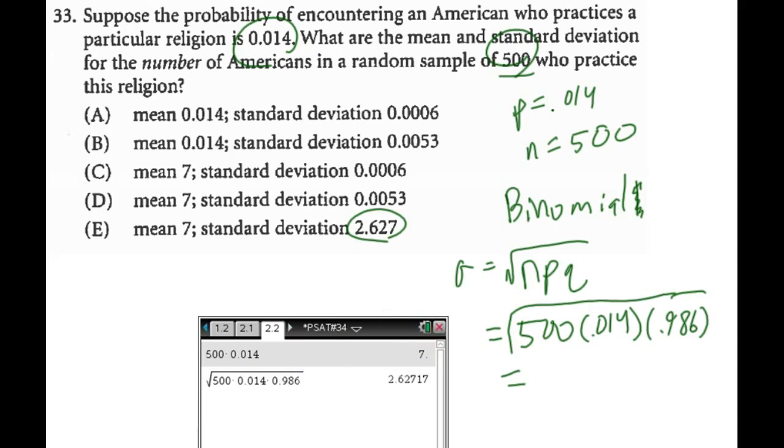By the way, if you don't remember that formula, the mean is equal to n times p for binomial. So 500 times 0.014 is 7, so it's one of those. And it's got to be E, because that's the standard deviation, and that's the mean there.